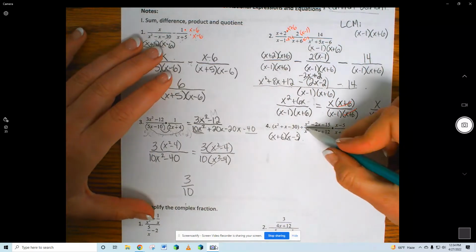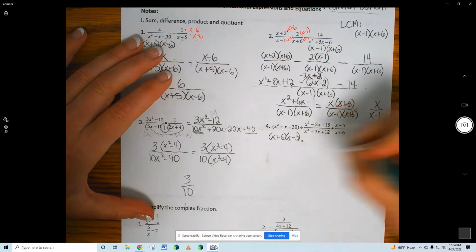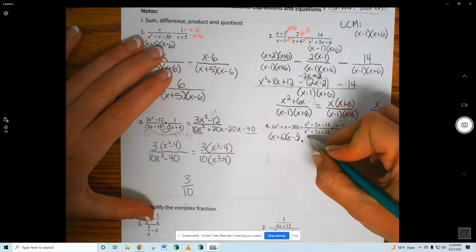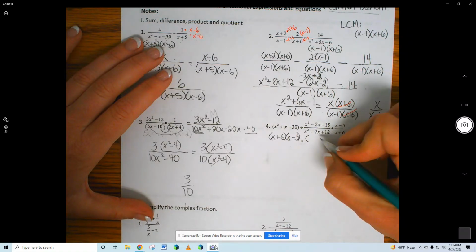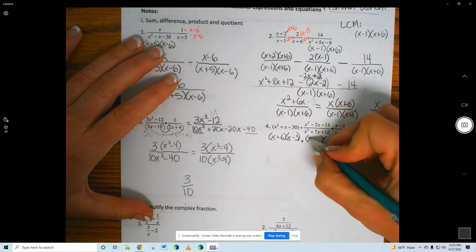So that means on a division, I'm going to flip these two. The numerator goes down, the denominator goes up, and it becomes a multiplication problem. So now I'm going to put the x squared plus 7x plus 12 in the numerator spot. 12, 3 and 4.